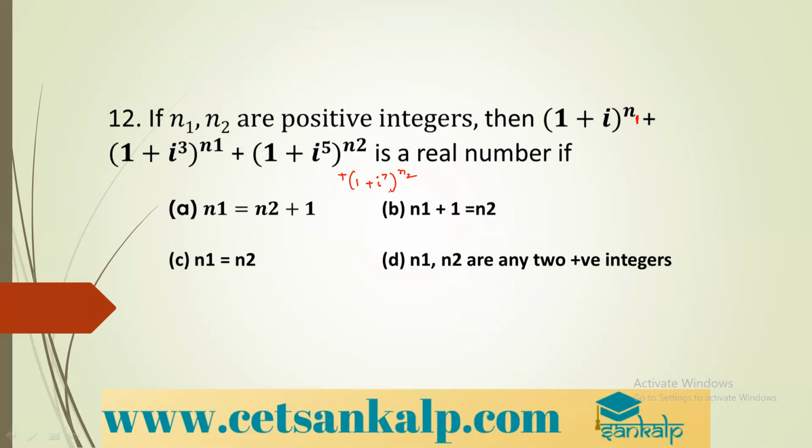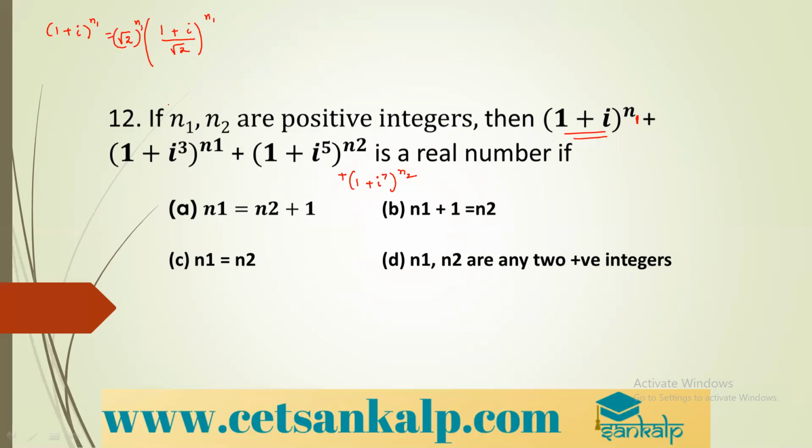So we have to simplify a few things over here. First one, I will take (1 plus i) power n1. How can I write this? I will make some changes. This 1 plus i I will divide by root 2 inside the power n1, and outside I will multiply root 2 power n1.